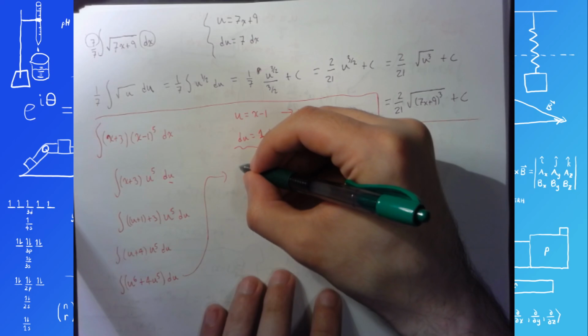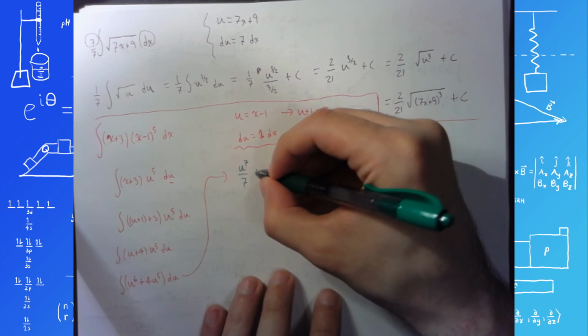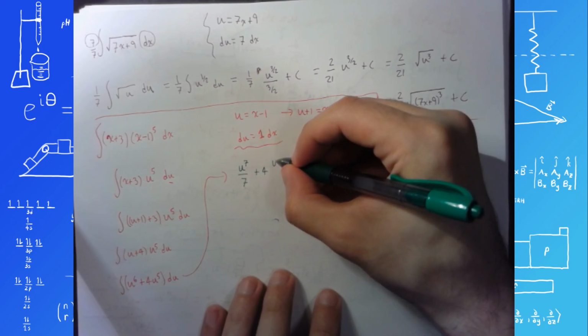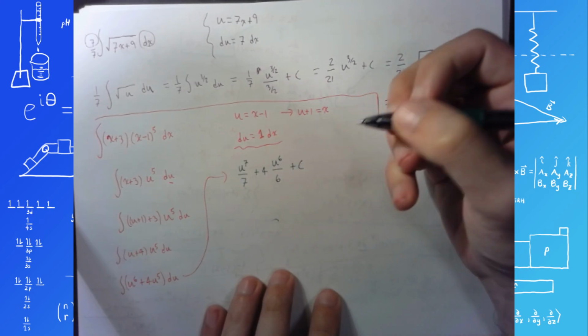So u to the 6th becomes u to the 7th over 7, plus 4u to the 5th becomes u to the 6th over 6, and of course plus c.